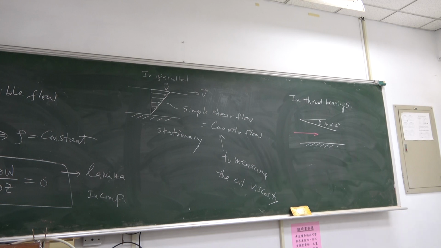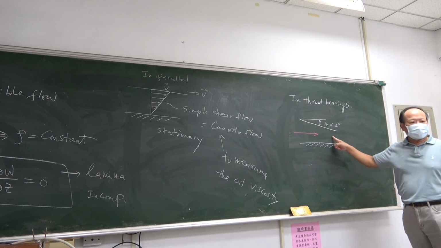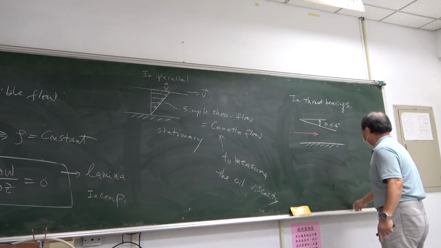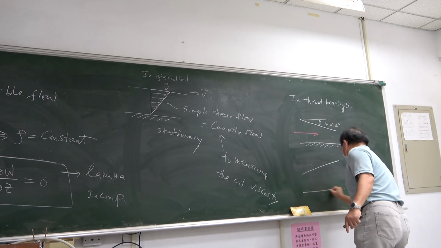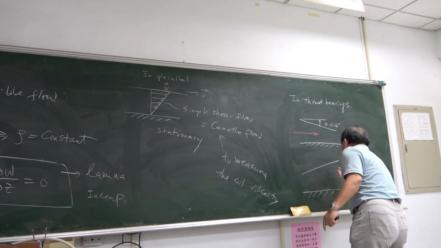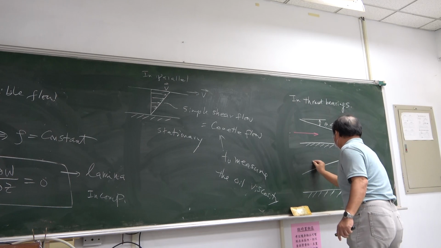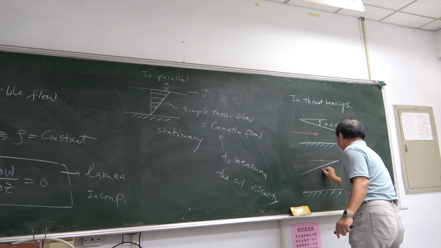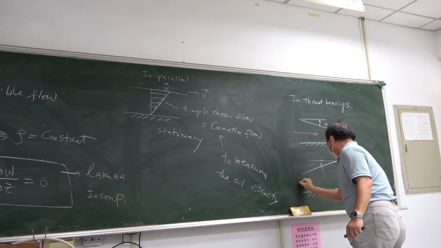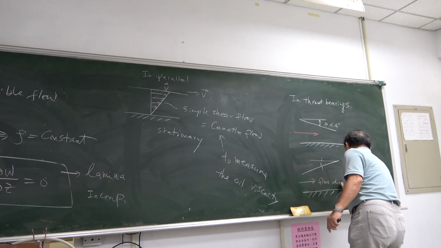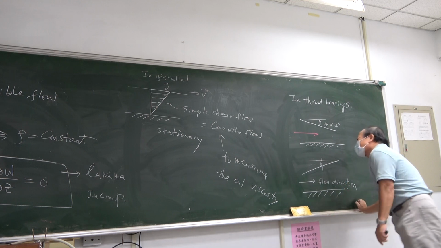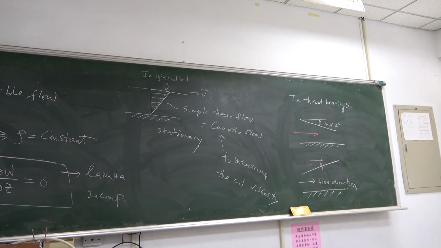This is this instrument, and then another is this instrument. Which one can be used as the thrust bearing?